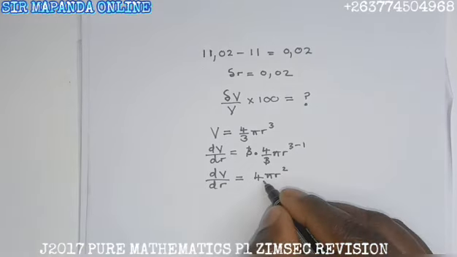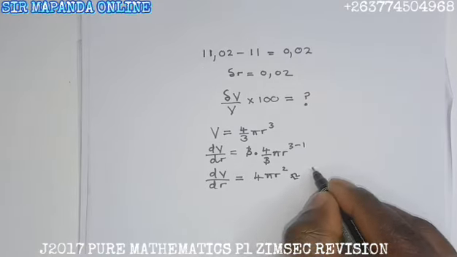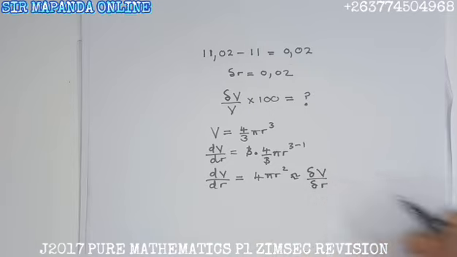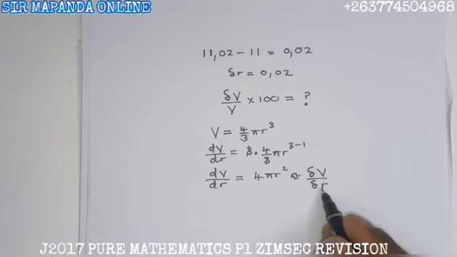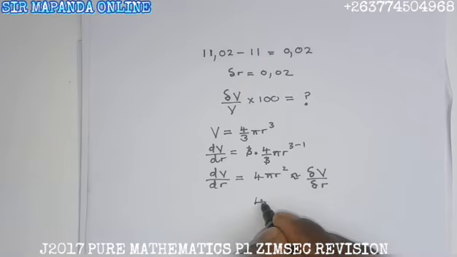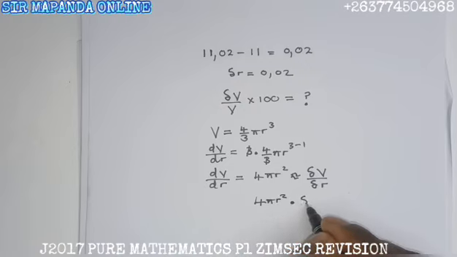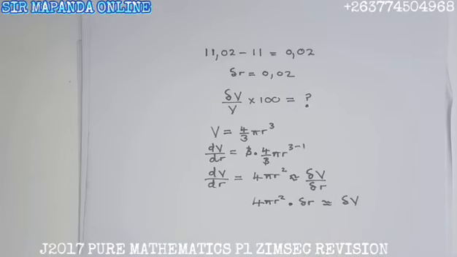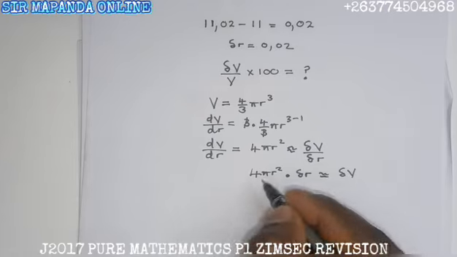So we are saying 4 pi r squared is approximately equal to delta V over delta R. Now that delta R is provided by the question as 0,02, we cross multiply by delta R. So you are saying 4 pi r squared dot product delta R is approximately equal to delta V. But on delta R, I'm going to put 0,02.